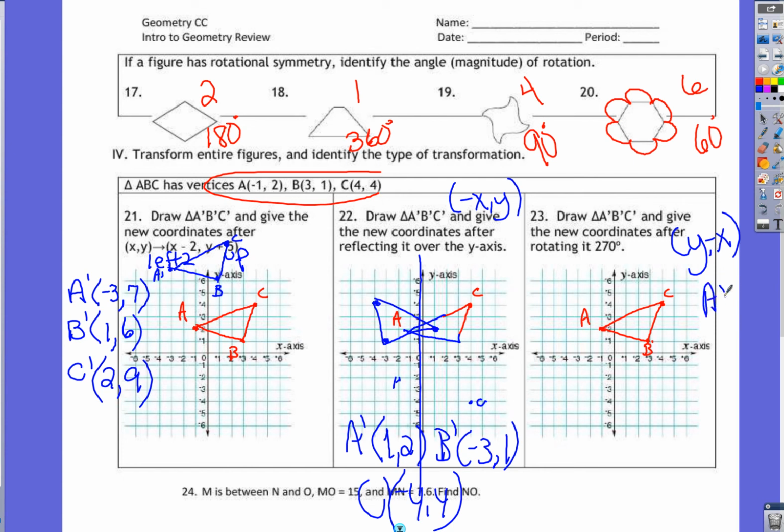So if I take my x and my y and I flip it and change that to my x, what's my A prime? You guys see on top that blue? Yeah. 2, negative 1. What's my B? I'm going to put my y, negative 3.